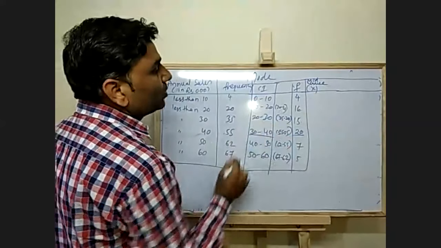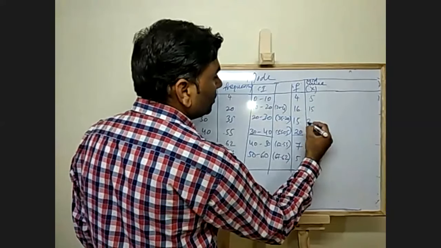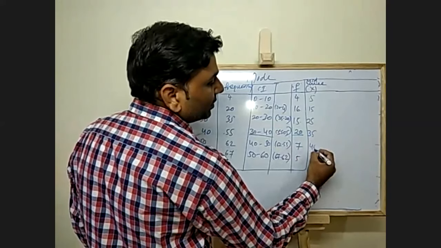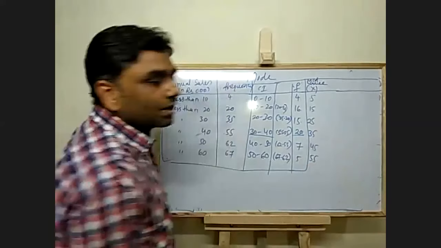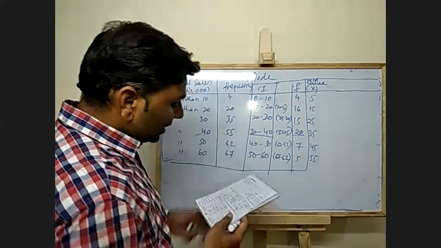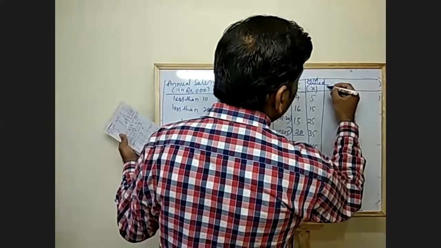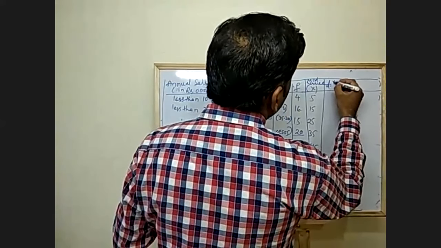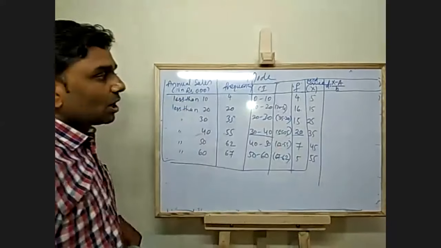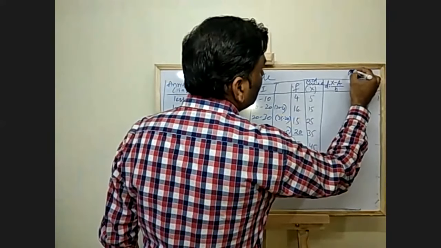So here what is the mid value? 5. Here 15. Here 25. Here 35. 45 and 55. First thing is calculate the mid value. Next, calculate D, which is x minus a divided by h. How much is h here? H is 10.